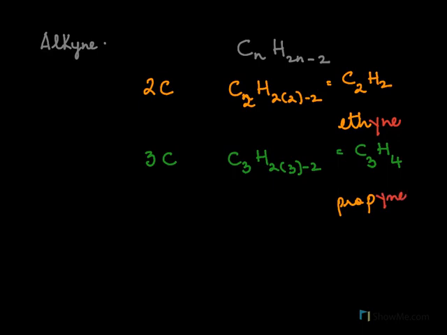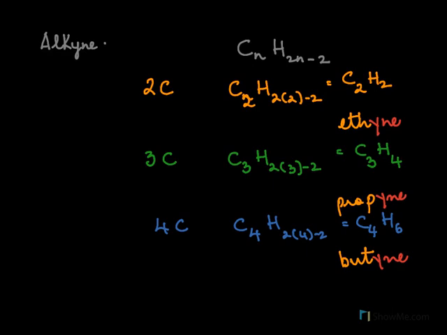Now we go ahead and see what would happen if there are 4 carbons. C4, H2 into 4 minus 2, that is C4, 8 minus 2, 6. So here you have 4 carbons, so it is but, and because it's got a triple bond, it is butyne.